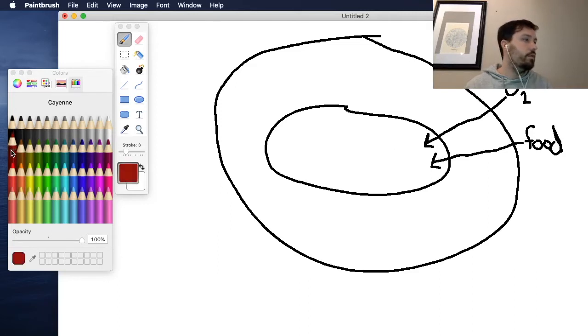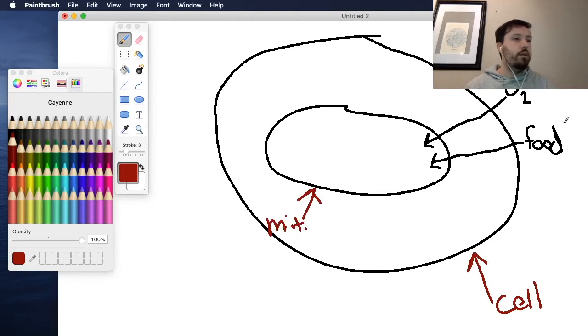We'll call this the cell, and this is the mitochondria. I'm just going to write MIT, mitochondria. Oxygen and food come into the mitochondria, and then out, it produces energy, okay?